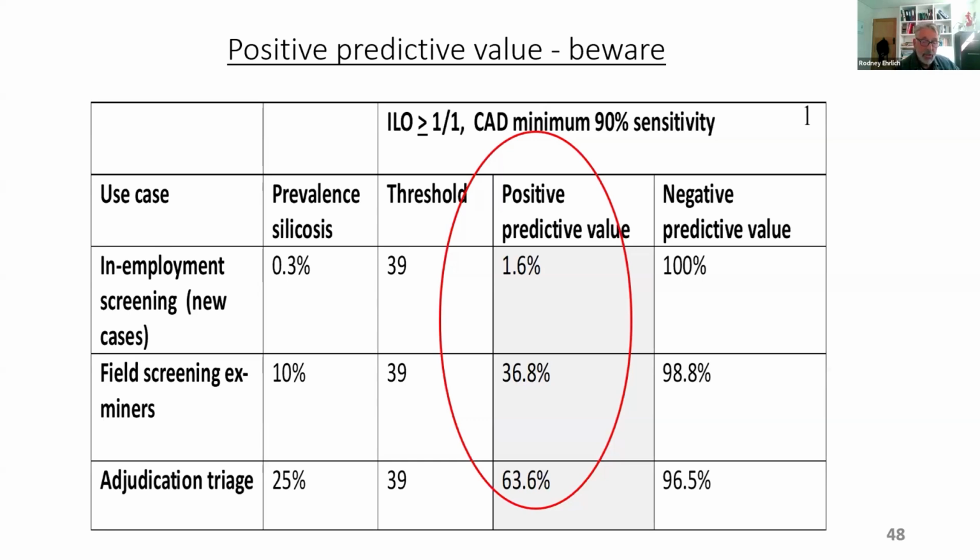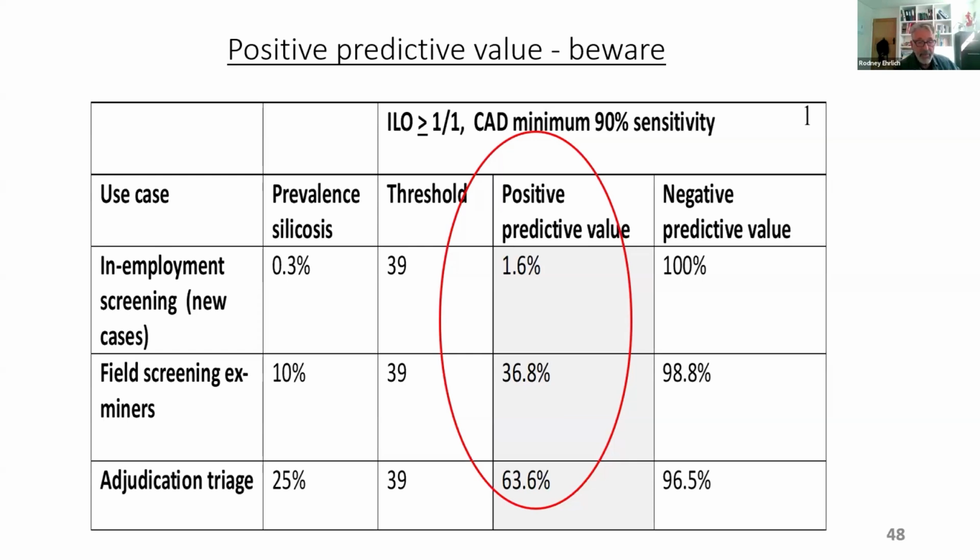In that particular case, with that threshold and that prevalence, the positive predictive value would be 1.6%. The negative predictive value would be 100%. So if the system assigns a chest X-ray as negative for silicosis, it's almost 100% certain. That's very useful. However, if it assigns positive, almost all of those cases going through for confirmation will be found not to have silicosis. That's a substantial cost.